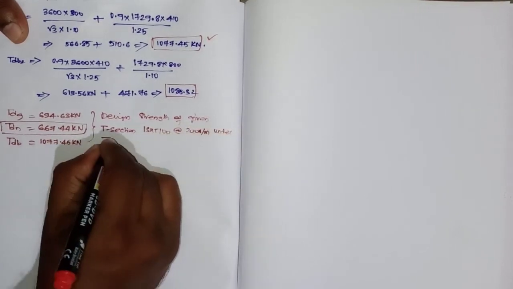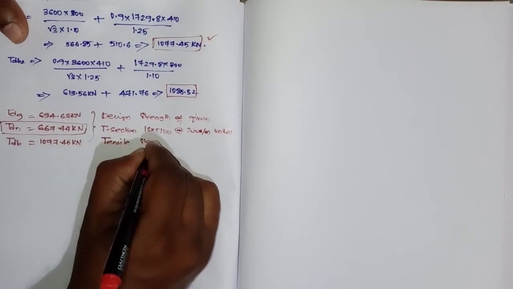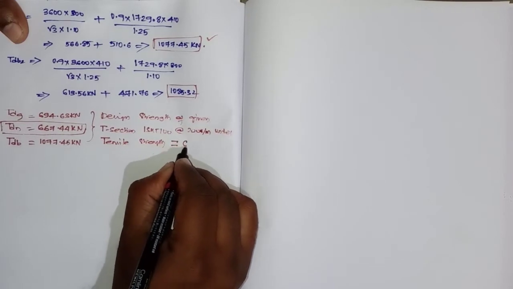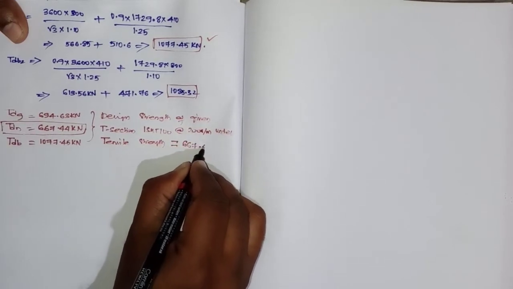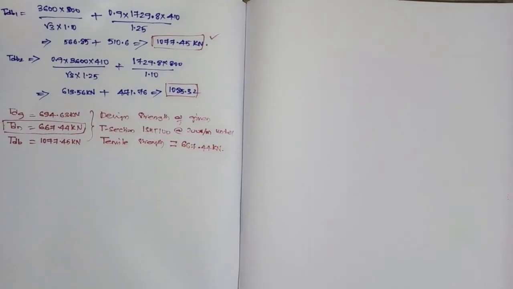You have to mention under tensile strength is how much it is? 667 kilonewtons. Okay, so in this way you are going to calculate the design strength of the given T section.